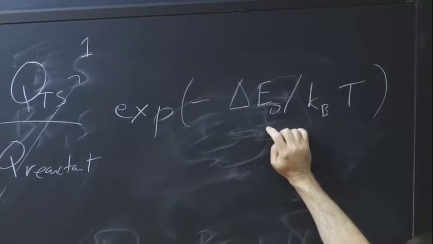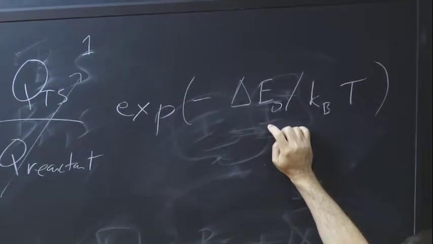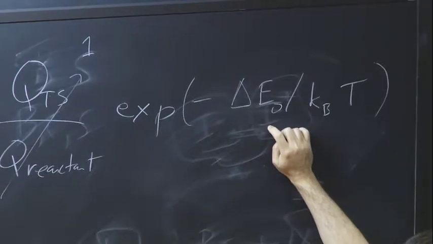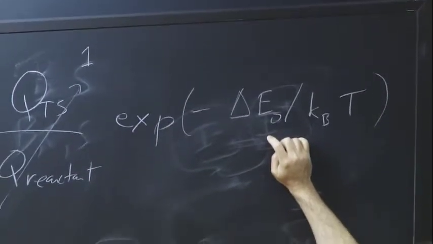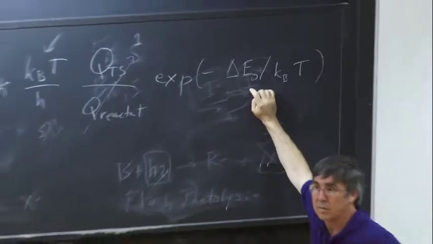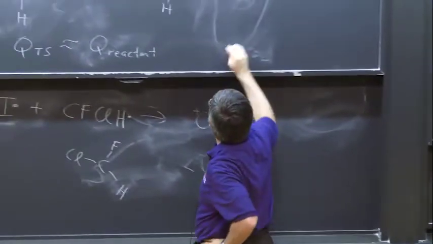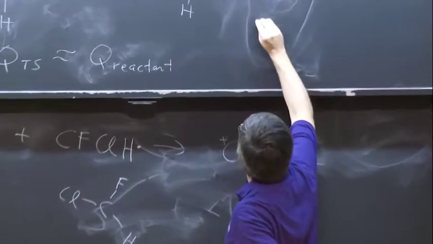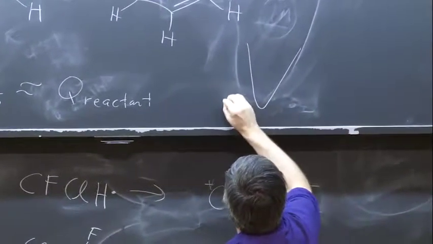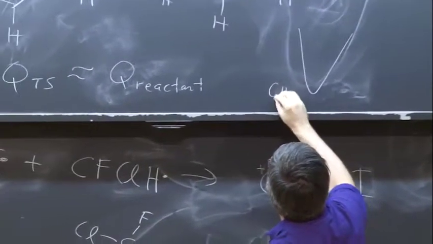Any ideas? No? So what does this potential surface look like? We have a valley where we have the C6H7 species.